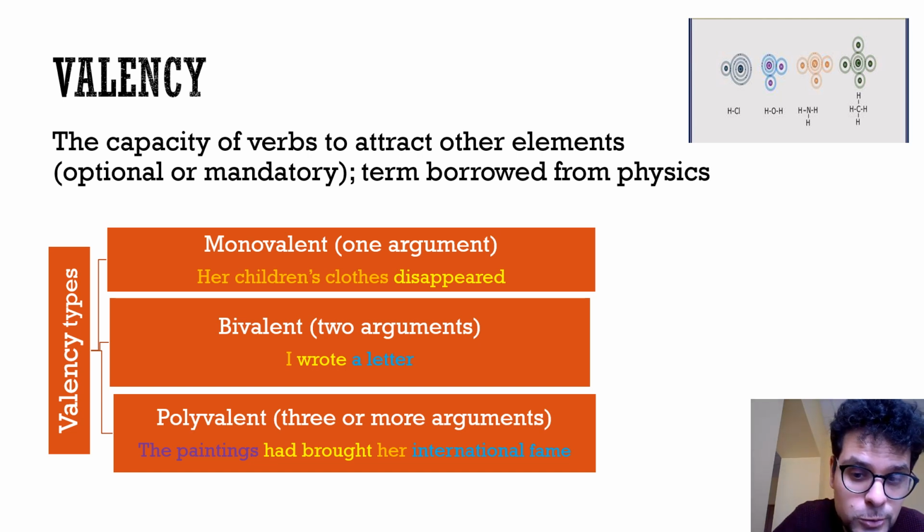And of course, you remember from your course in grammar, we call these verbs transitive, because they take a direct object. That's the idea of transitivity that is closely linked to that of valency. And in disappear, because there is no object being taken, we can say that the verb is intransitive.